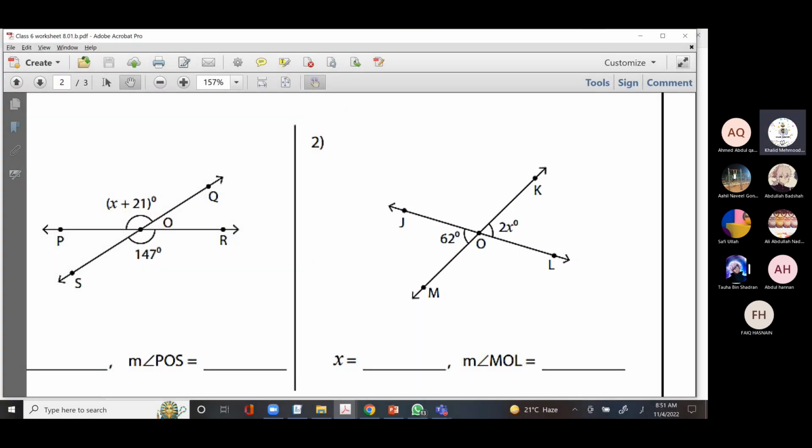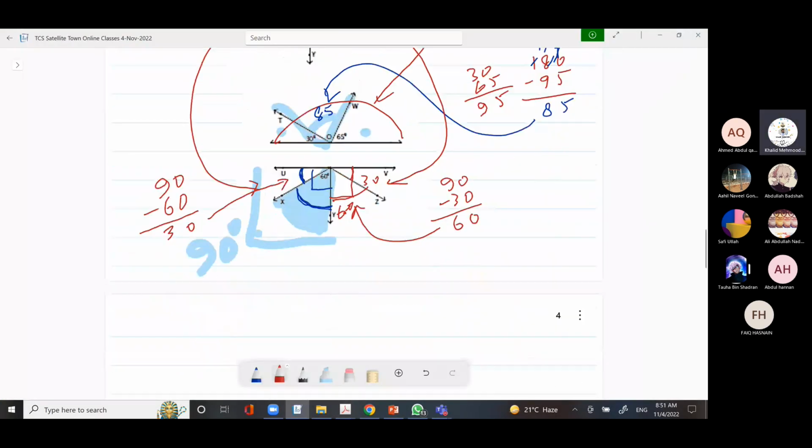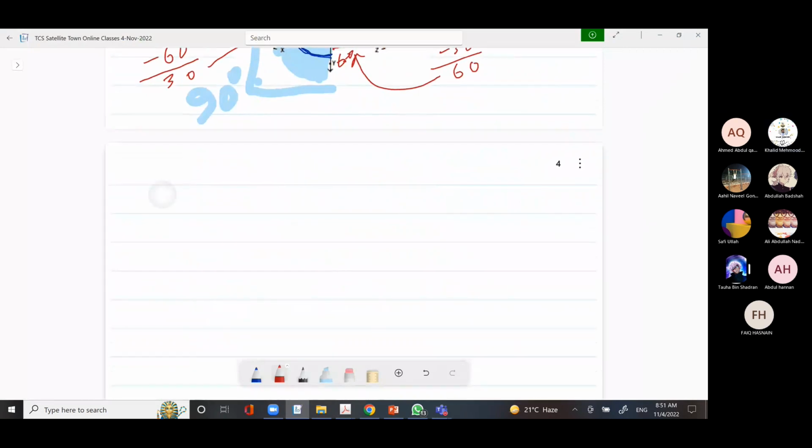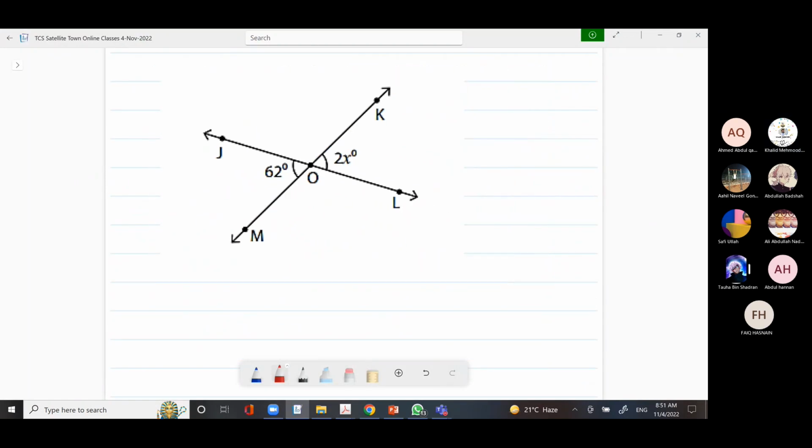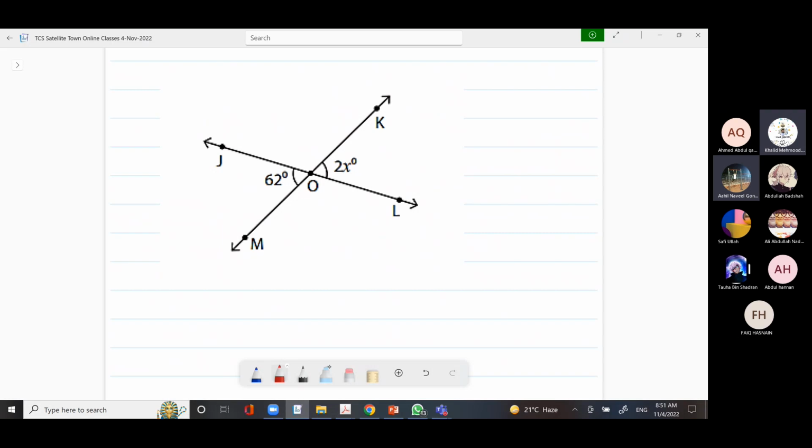Okay, and this we will be doing here. What do you think the 2x will be? What will be the value of 2x? Sir, it is 118.